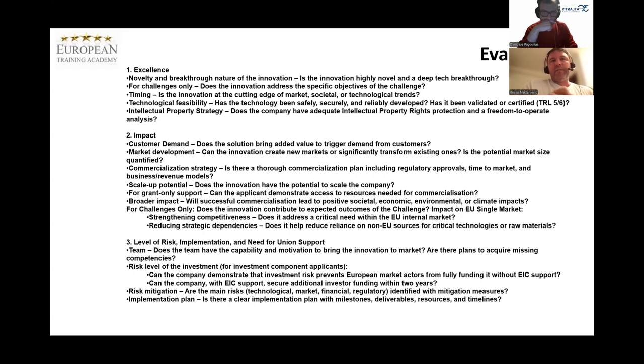Now here you have a little bit more of explanations. Okay, team, in terms of their CV, motivations, and so on. If I missed previously addressing this issue: are there plans to acquire missing competencies? Now, you surely have. If you're planning to go from the level of an SME to the level of a unicorn, you surely need to employ a lot of people.